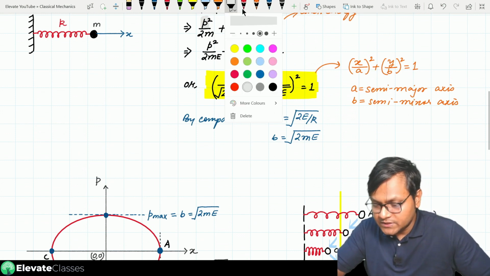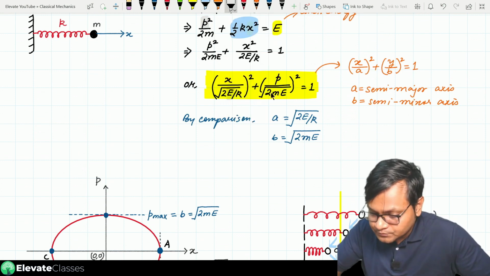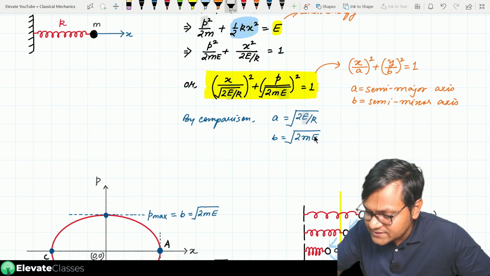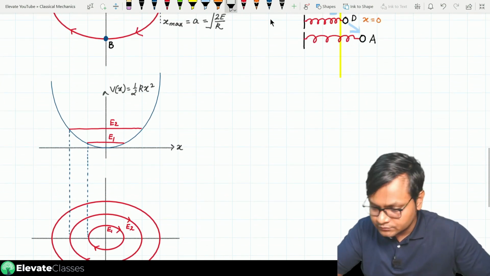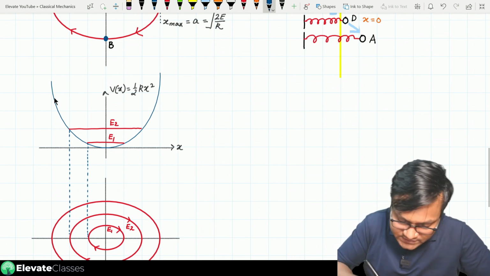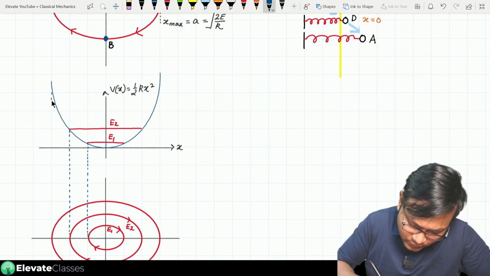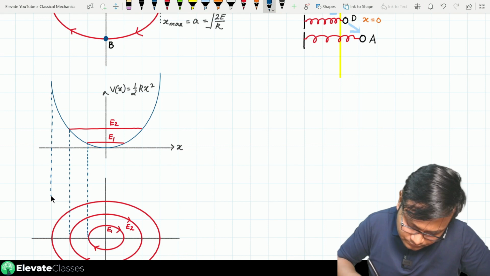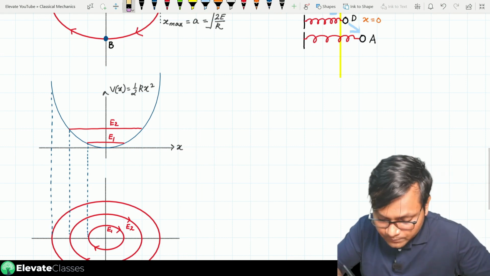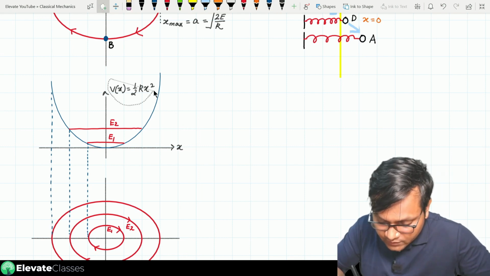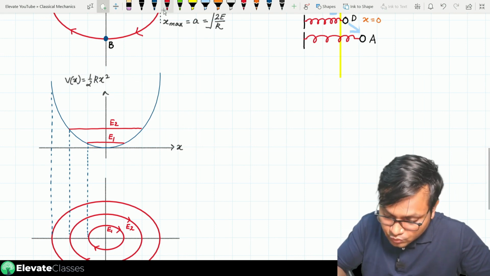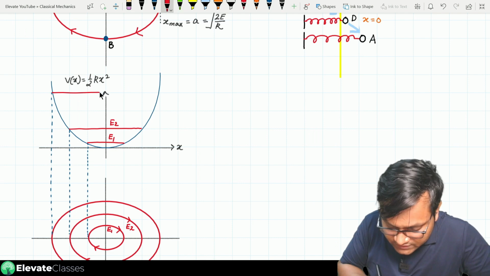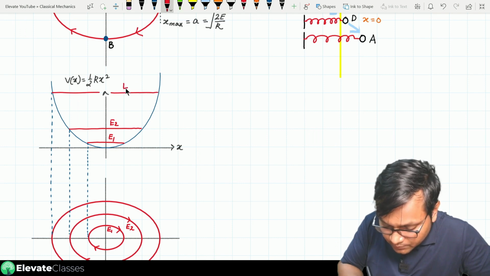यहाँ पे क्या है आपके पास? So here you have energy. Alright, so the semi-major axis and the semi-minor axis will differ. With greater energy they will also increase. Alright, so let me complete this. So and then we will have here, okay, we will have here, so here the energy is, let's suppose, E3.